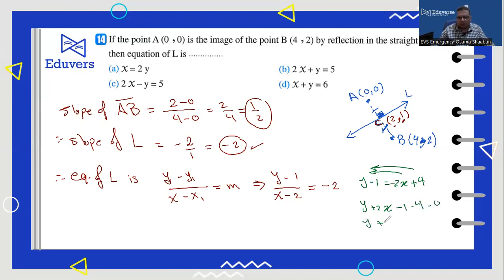So y plus 2x minus 5 equals 0. So y plus 2x equals positive 5.